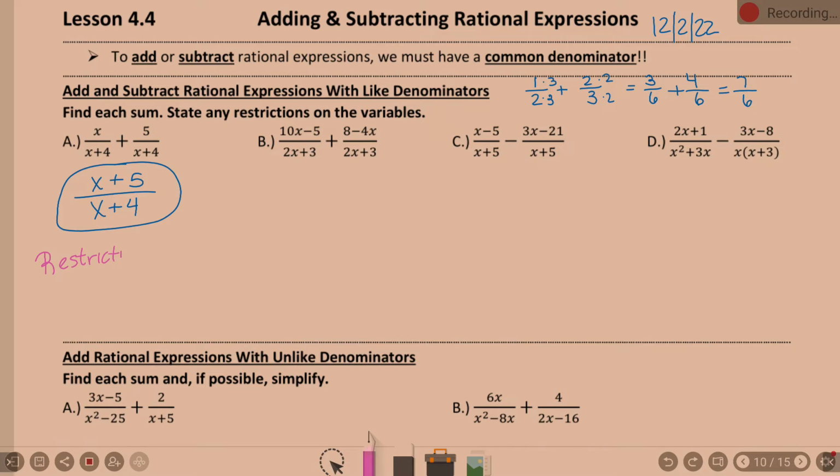The negative 4. We're setting the denominator equal to 0. In this case, it's just x plus 4 equal to 0. So x cannot equal negative 4.